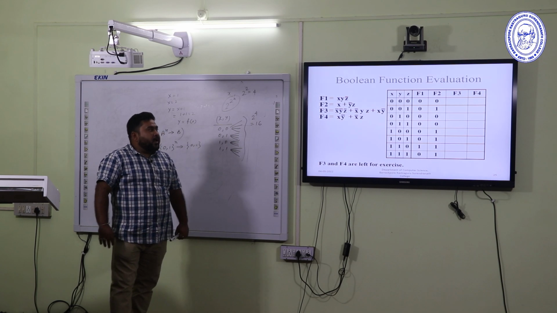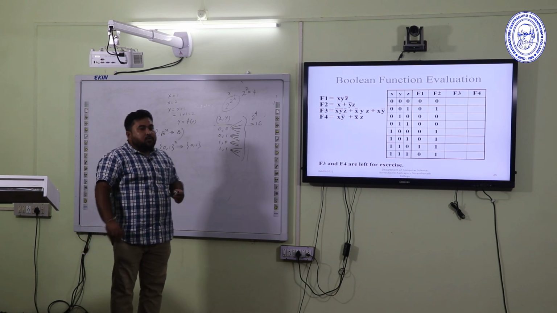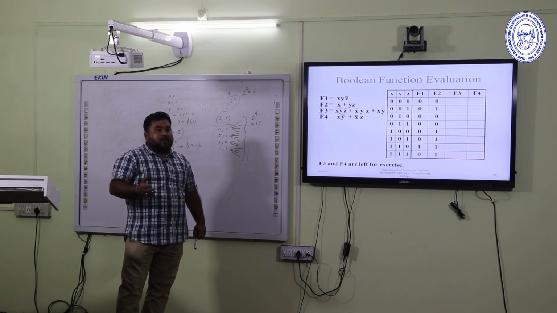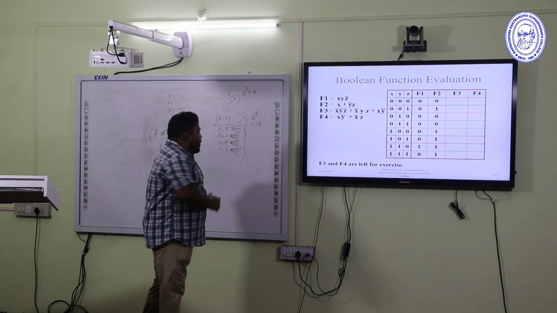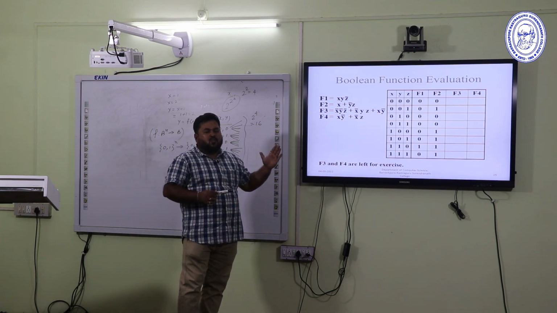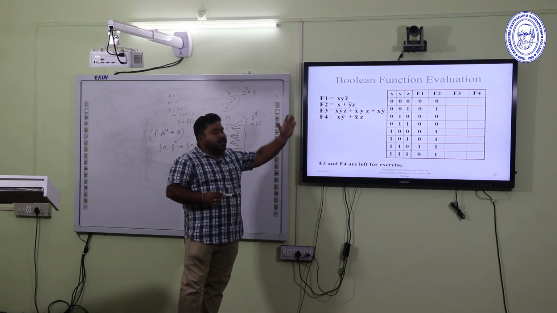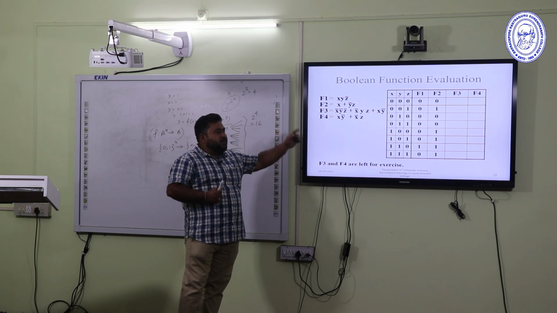Now I come to the point of how to evaluate Boolean functions. Evaluating a Boolean function with the help of a table is called a truth table. In a truth table we take some Boolean variables. Here we are taking x, y and z, and there are 8 combinations, from 0 to 7.